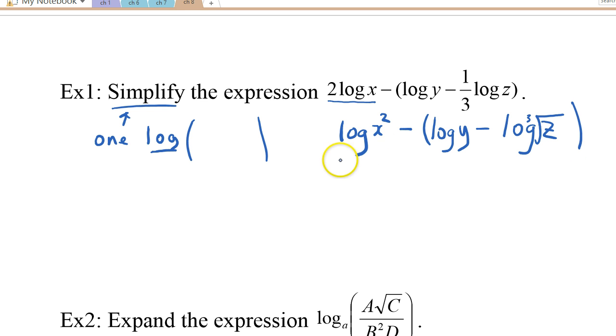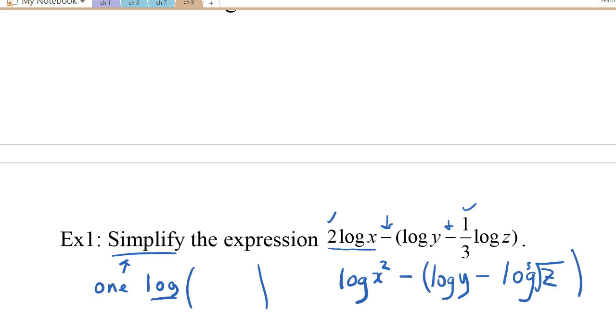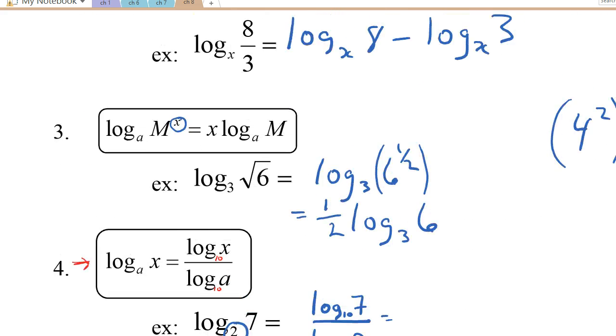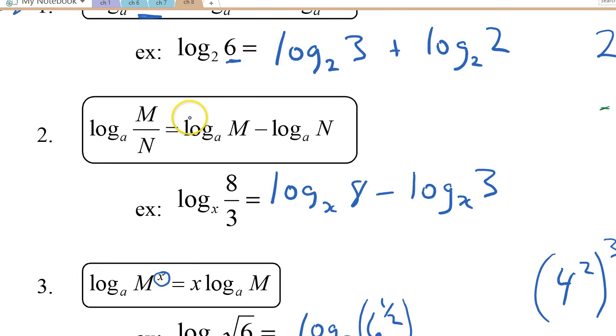Okay, so now I've taken care of this part here, and I've taken care of this part here, and I've put those values inside of the log. So this is not 2 times the log of x, now it's the log of x squared. Now how do I get rid of the subtraction? I've got 3 different logs and I want to put them under one log. At the end I want it to have just one. So if I remember that subtracting separate logs, it's kind of like I'm going to go from this part to this.